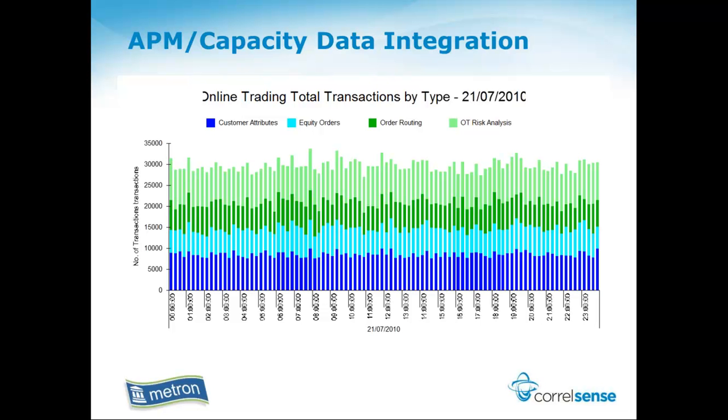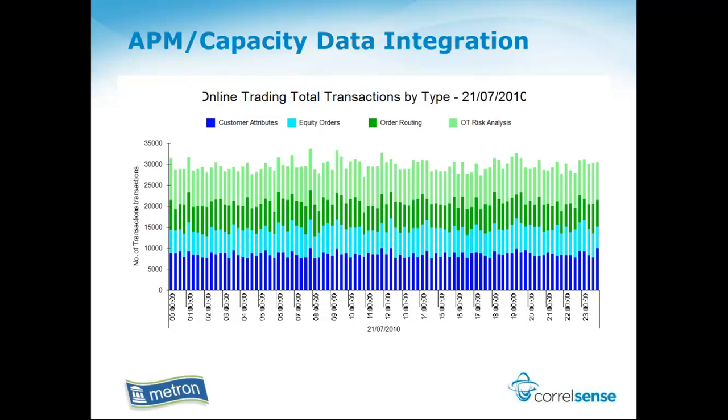The next chart that I'm showing here just shows the number of transactions by particular type. So we have the number of transactions aggregated: customer attribute application transactions, equity order transactions, order routing transactions, risk analysis transactions. Again, this is important data that goes into a capacity management information store, and it's readily available from Sharepass, because Sharepass is able to take the number of transactions and build those into certain types of transactions.